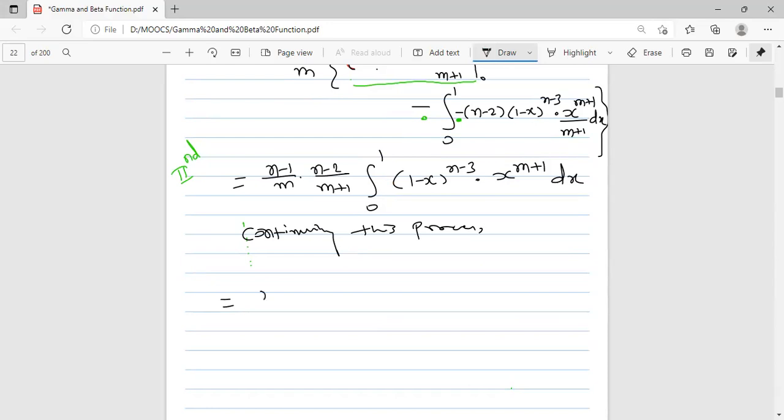Then what is happening here? We are getting n minus 1, n minus 2, and so on, down to 2 into 1, and in the denominator we are getting m into m plus 1, and so on, up to m plus n minus 2.